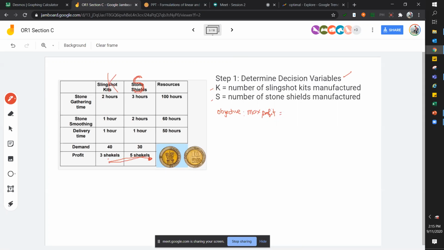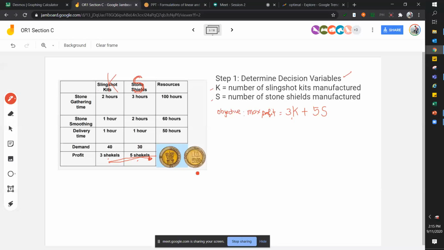Nagets yung flow? Yung kanina, yung ginagawa natin, pababa. Pero this time, papaganon tayo, pa left to right. So parang 3K. Malinaw? Sa kada isang kit, slingshot kit, may profit akong 3 pesos. So that's it. Then, ipa-plus ko 5S.